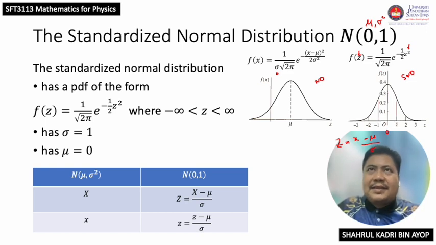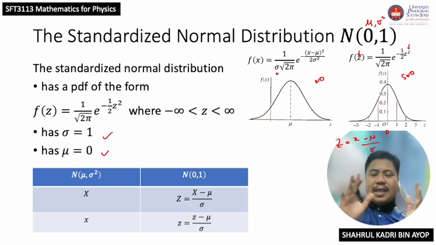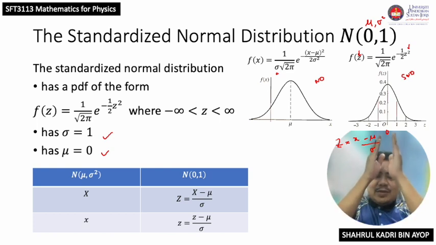It makes any distribution easy to calculate using the standardized normal distribution. To repeat the characteristics, the standard deviation is equal to 1 and the mean value is equal to 0, so the standard distribution is symmetrically distributed around mu equal to 0 at the center.